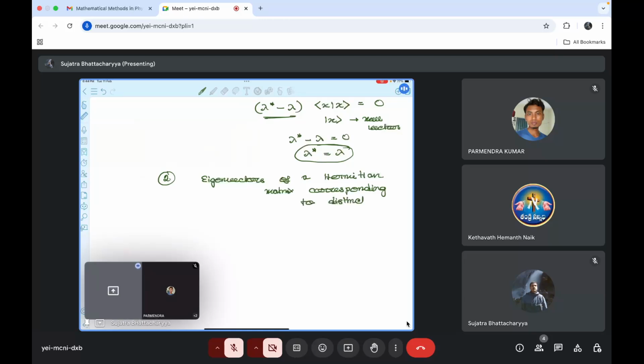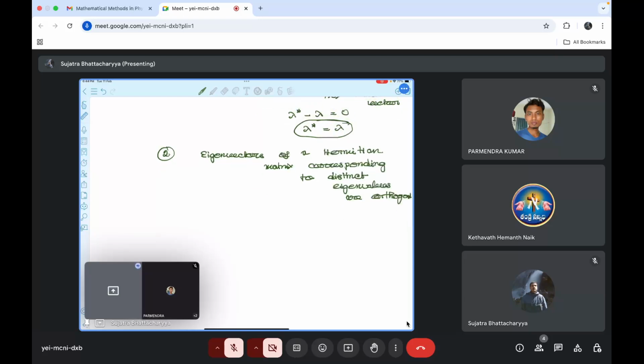This is an important point: eigenvectors corresponding to distinct eigenvalues are orthogonal. One of the properties of orthogonality is that the inner product should be equal to 0. We will see that.